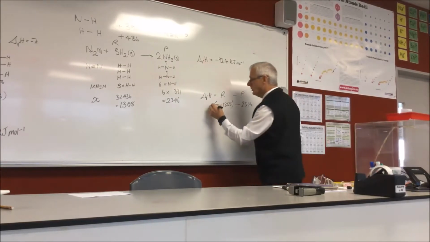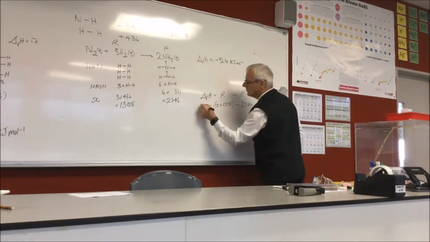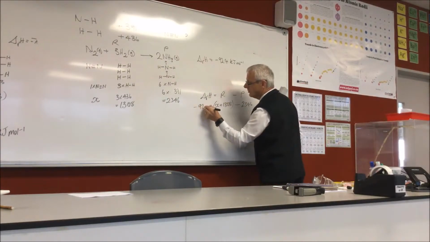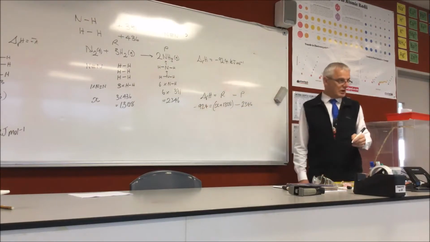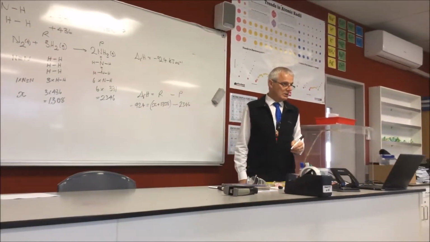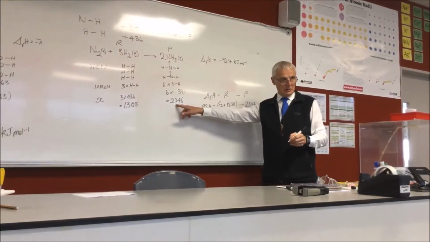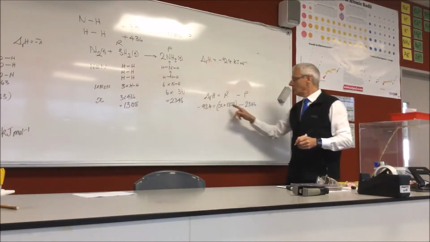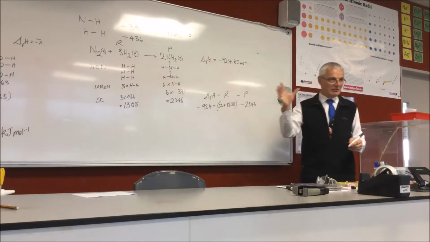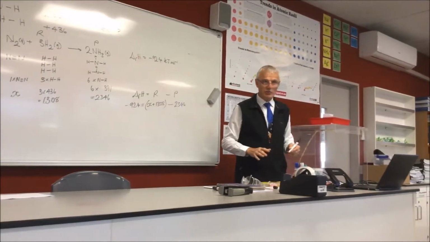And that's equal to minus 92.4. Get your signs right. Okay? So you notice I've put this as plus now, because everything's plus, and then I'm putting a minus sign because it's energy given out. Yeah, that's why it's the minus.